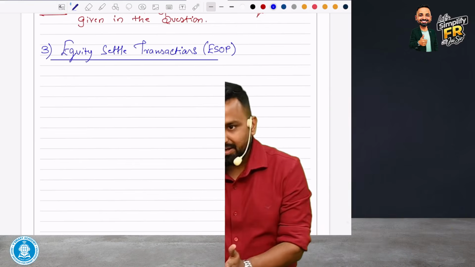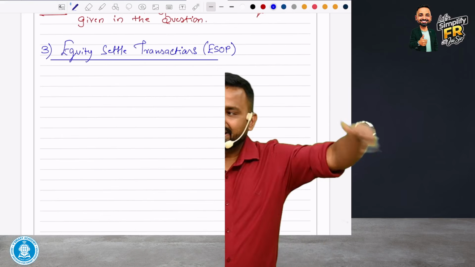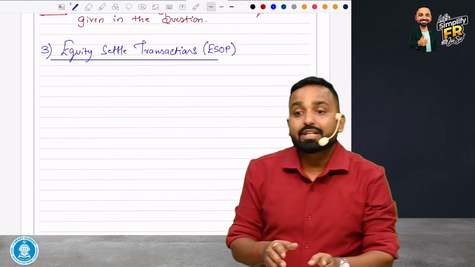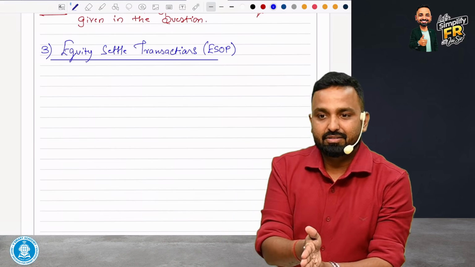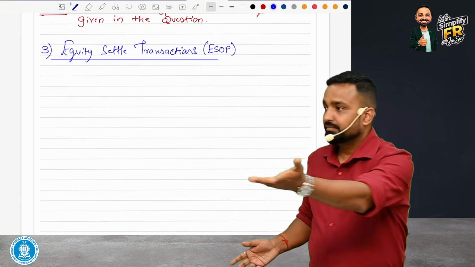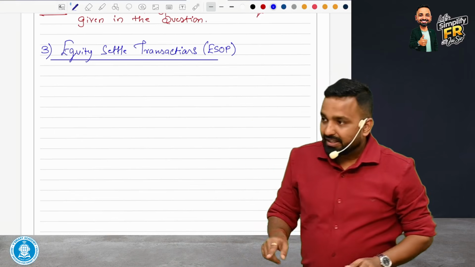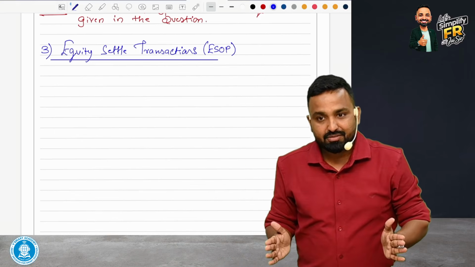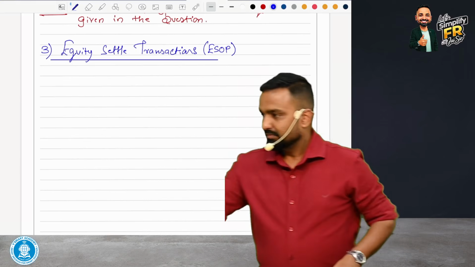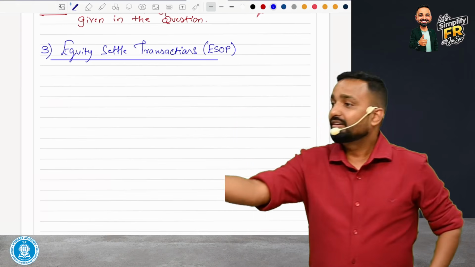I want to record the expense at the end of the first year, not at the beginning of the year. So overall number of years is 3, and how many years lapsed? Completed, into 1.